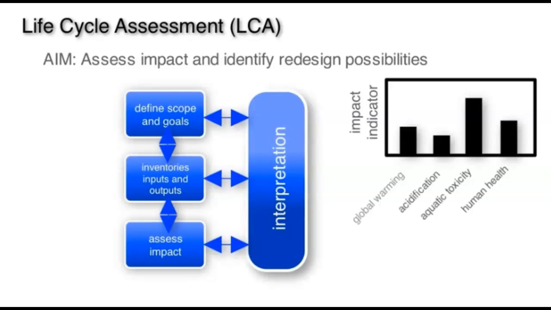Note that the weighting process implies a value system of which of the categories are more damaging. This is an area of controversy around the LCA method. At the time of this video, LCA is a methodology of computing impact that, like all methodologies, is limited by the assumptions and data available.